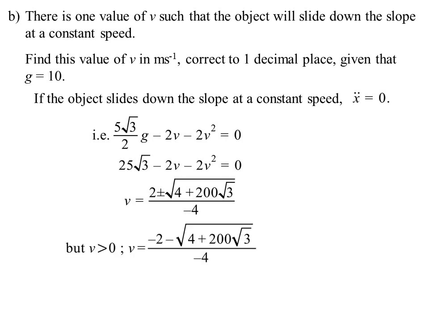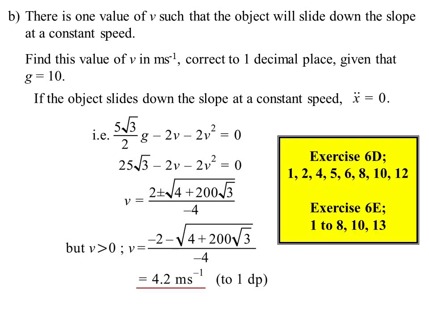If that value was negative, then it would be travelling in the other direction. We know it's only going in one direction. And that is our positive answer. The square root of 4 plus 2 root 3 over negative 4. But they did say to 1 decimal place. So subbing it in, we get 4.2. Okay. So 6D and 6E.